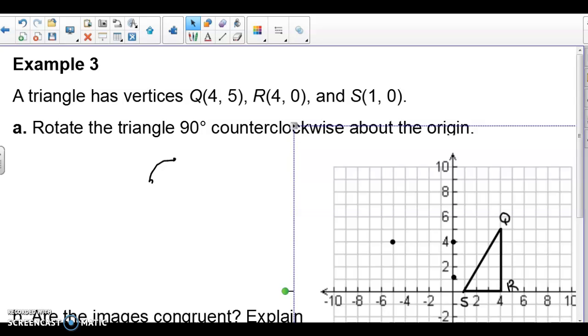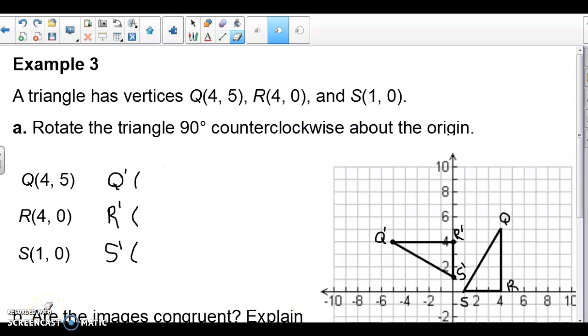So now I'm going to go ahead and draw Q prime, R prime, and S prime on the triangle. Alright, so you'll notice that I've now graphed Q prime, R prime, and S prime, and I've added in the lines. Q prime is now in quadrant 2, and R prime and S prime are on the y-axis. So we'll go ahead and label our points.